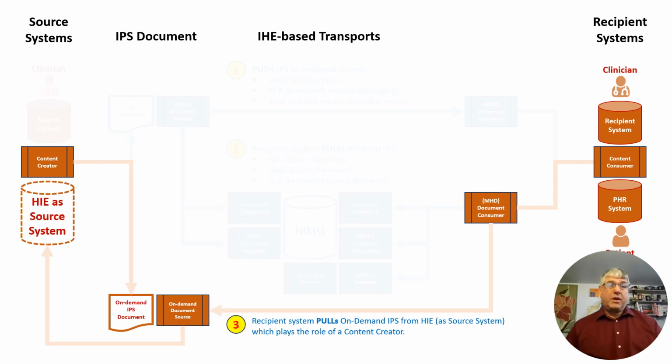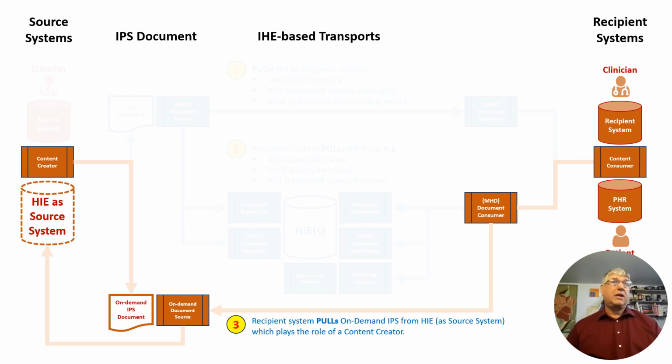And the third thing described here is something that I haven't yet talked about, but is extremely important to IPS, and that is on demand. Within the document sharing, from the original XDS on, there is a concept of on-demand document entries.